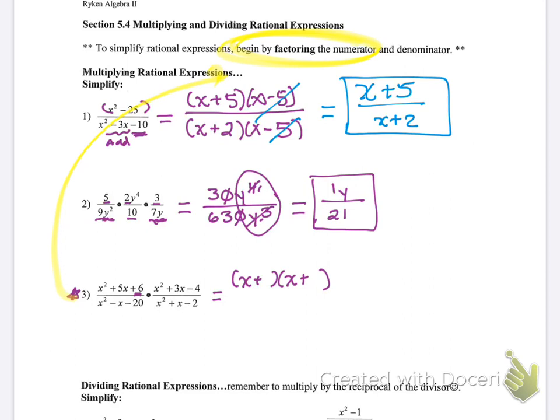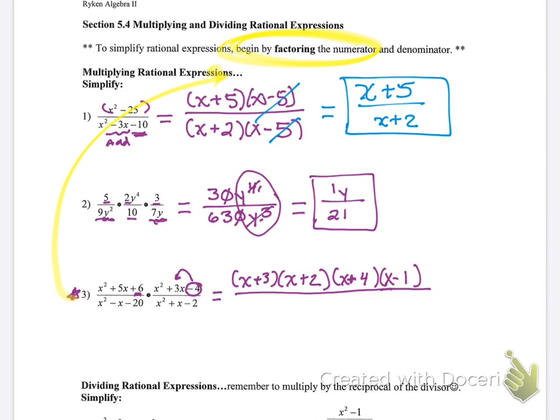My options are 6 and 1, which adds to 7, or 3 and 2, which sure adds to 5. Okay, I'm going to go right across to the next one and factor this. What multiplies to negative 4, that means my signs are opposite, and adds to 3? So it's 4 and 1, but I need my 4 to be positive and my 1 to be negative so that it's a positive 3.